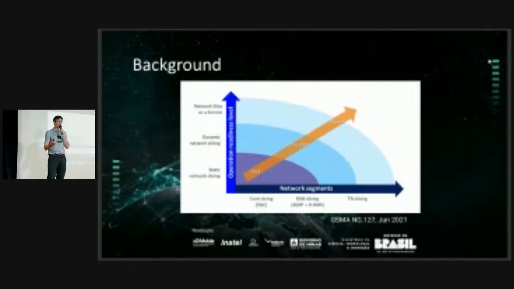In the last generation, for the fourth generation and the others, there was no native characteristics for the slicing. And the 5G core has this. Normally we need to start the progress to network slicing considering the core first.